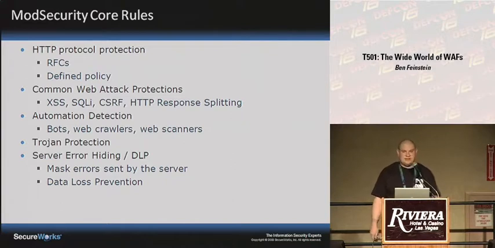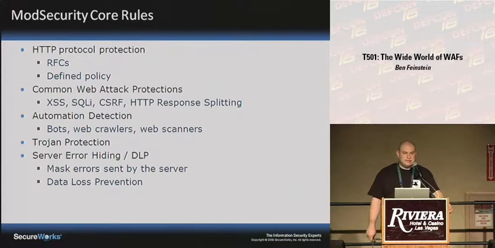So you can detect protocol anomalies, like I mentioned before, an HTTP 1.1 request without a host header, or a GET request that has a request body. Those are anomalies. And you can also use that to have a defined policy on the HTTP protocol to enforce the RFCs, for instance.